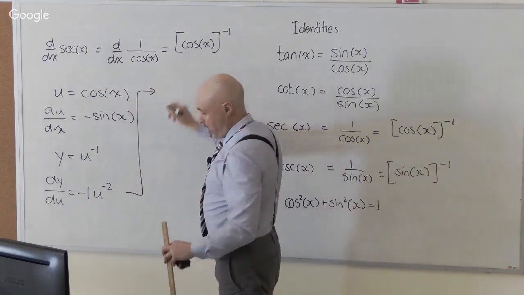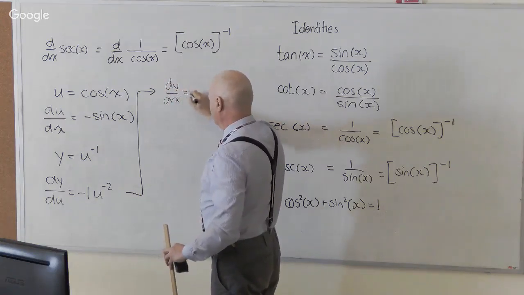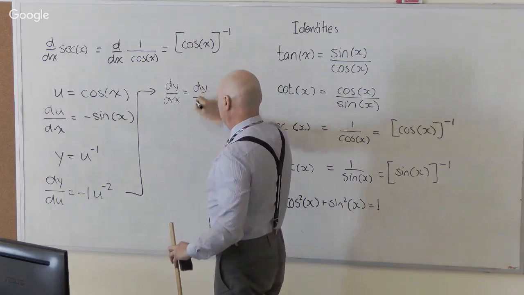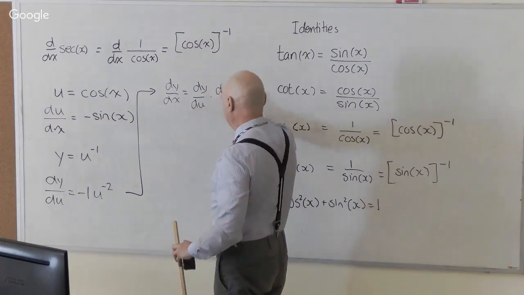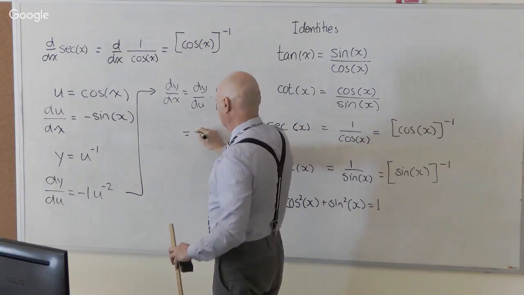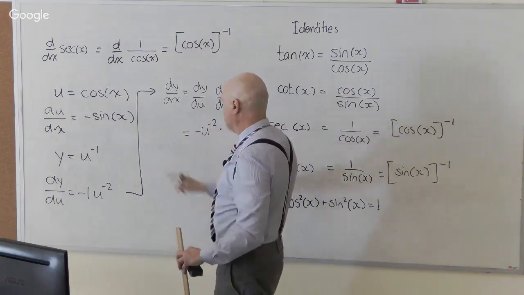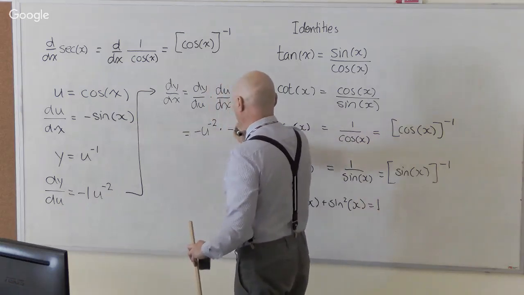Now I'm ready to do my dy/dx, which is equal to dy/du times du/dx. And so this is negative u to the -2 times negative sine x.